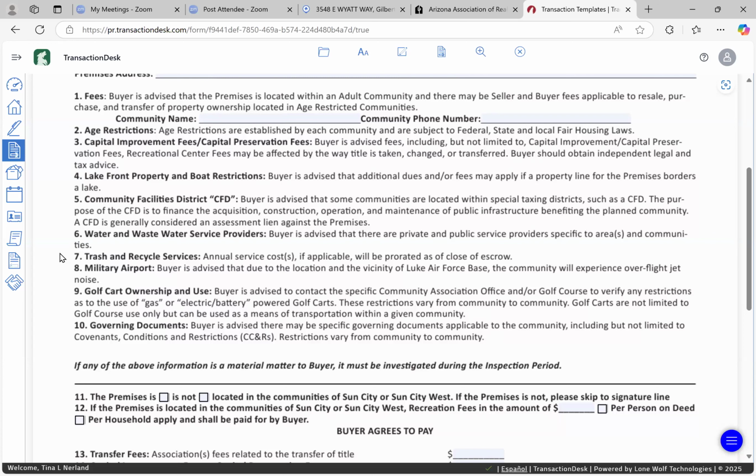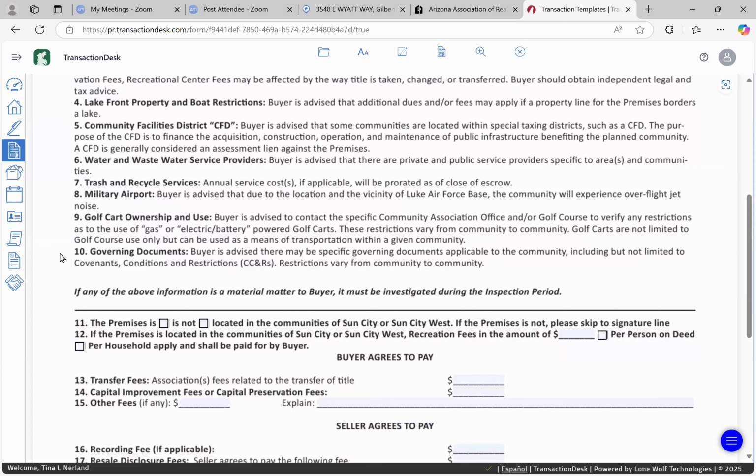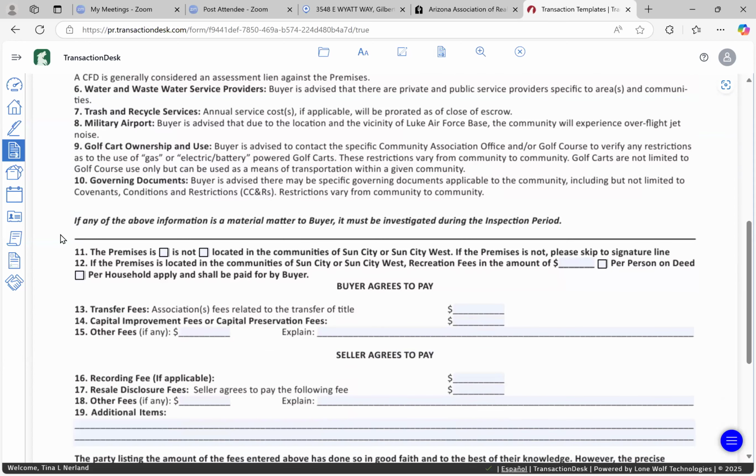Governing documents: there may be specific governing documents applicable to the community, including but not limited to covenants, conditions, and restrictions. Restrictions vary from community to community. If any of the above information is a material matter to the buyer, it must be investigated during the inspection period. So again, this is kind of repetitive information, but some of it's more detailed because it is an adult community.